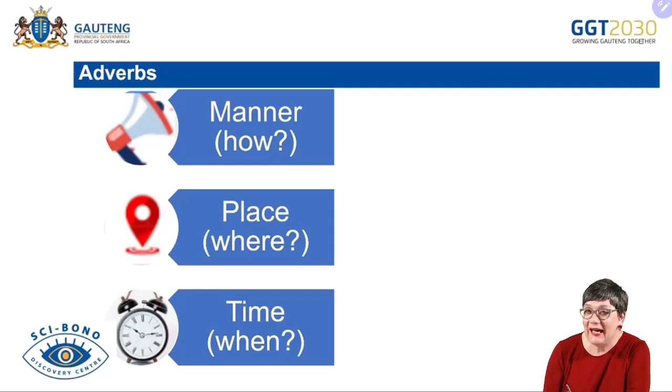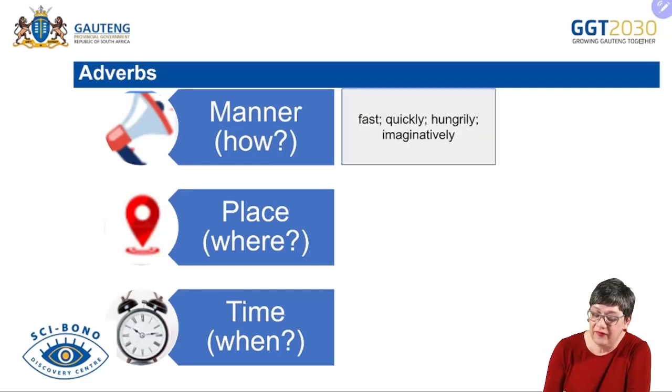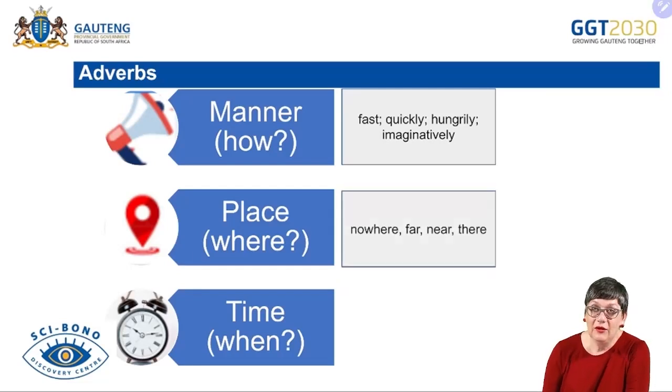So, and in that case, we also have 5 types of adverbs, and it's always good to know them by heart, then it's easier to recognize. So the first one is how, and that's the one of manner. So this is how something is done. Is it done quickly, hungrily, fast? We've got place, in other words, where it's done, nowhere, far, near, there.